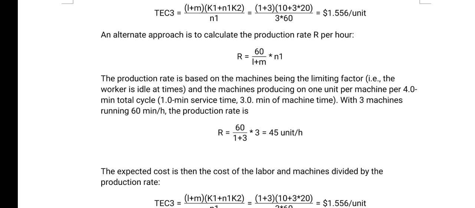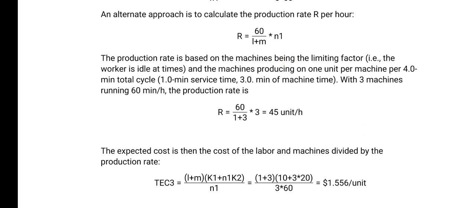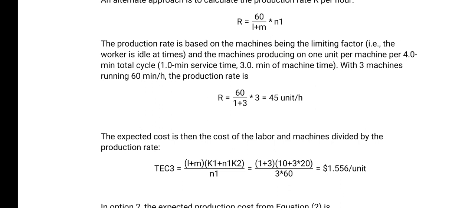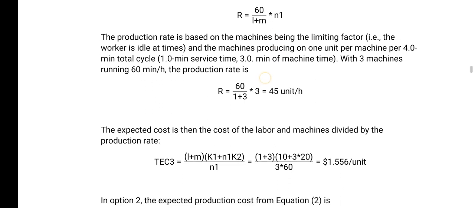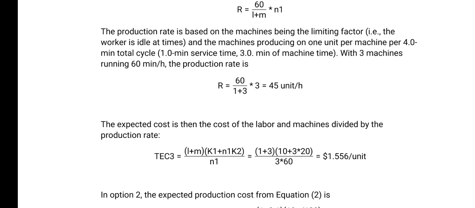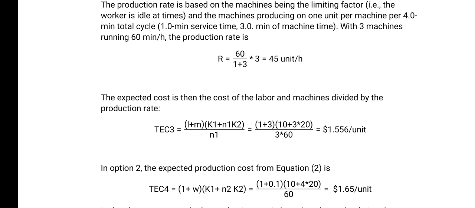With the 3 machines running at 60 minutes per hour, the production rate is 45 units per hour. The expected cost is then the cost of the labor and the machine divided by the production rate. So we get 1.556 dollars per unit.